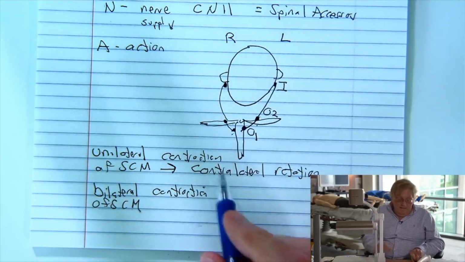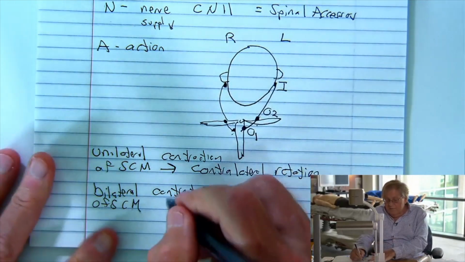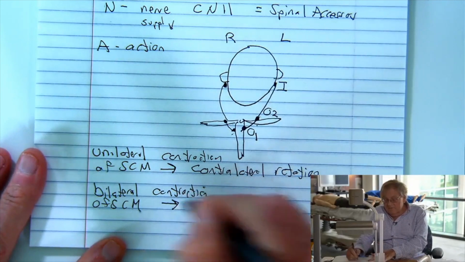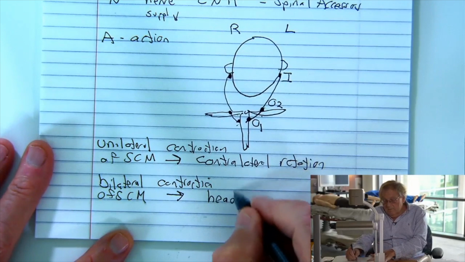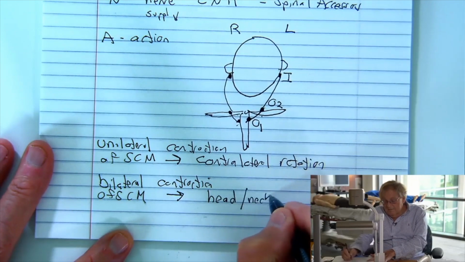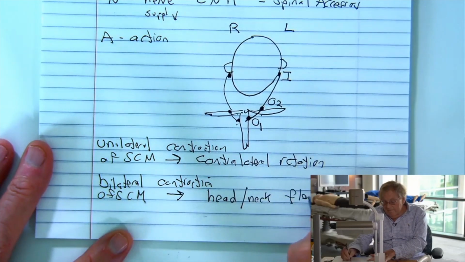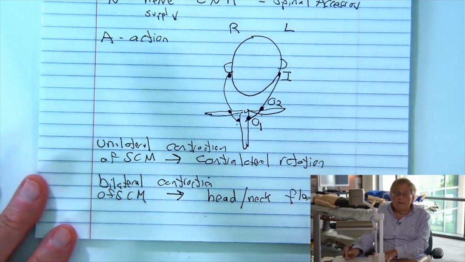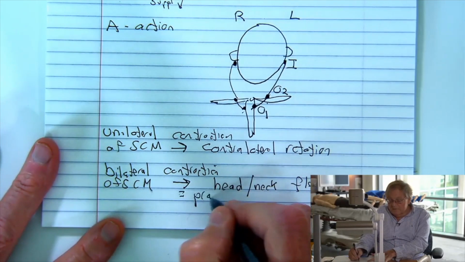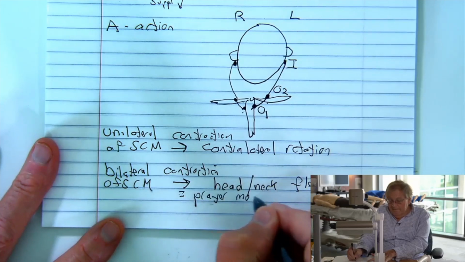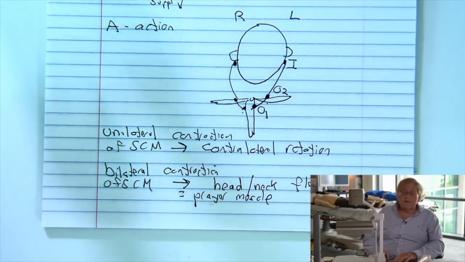So a bilateral contraction of the sternocleidomastoid muscle is going to cause a head or neck flexion. And that's why this muscle got its name, the prayer muscle. It actually bows your head in prayer.